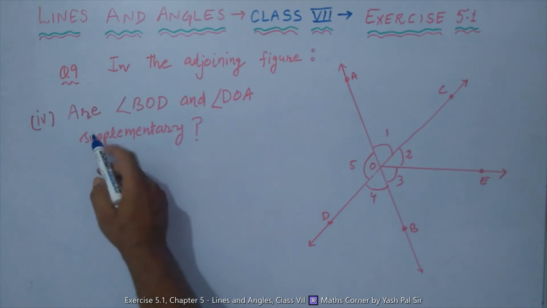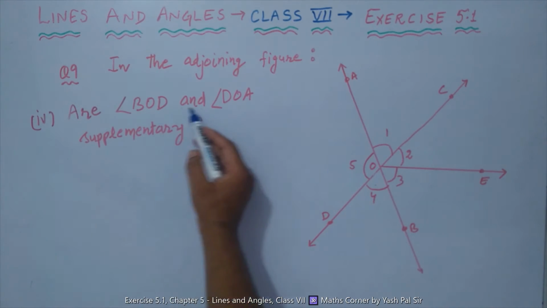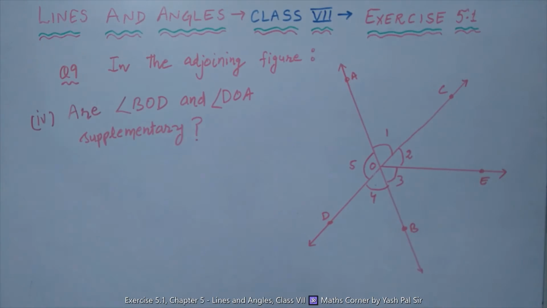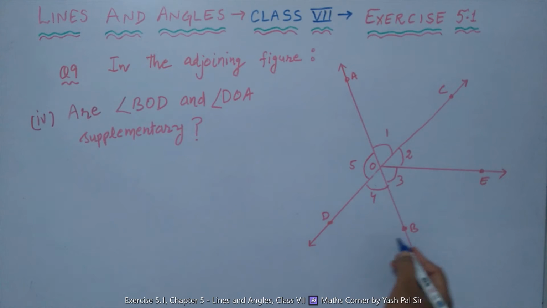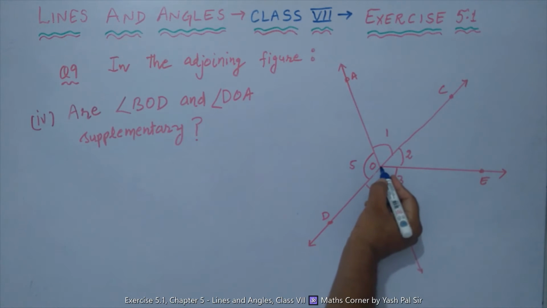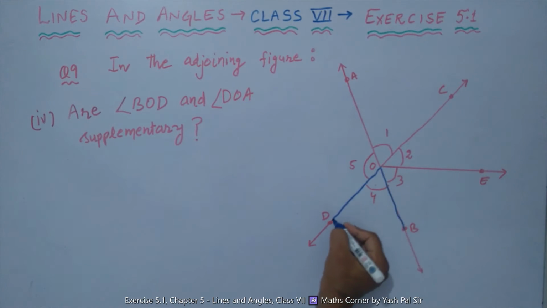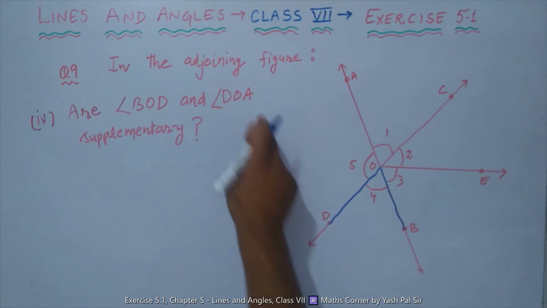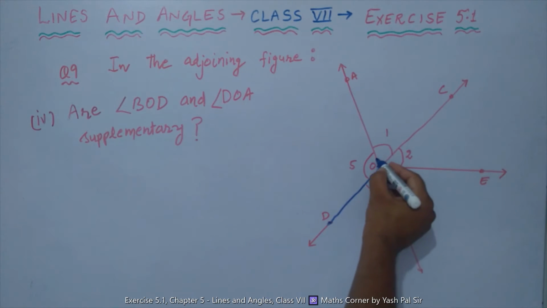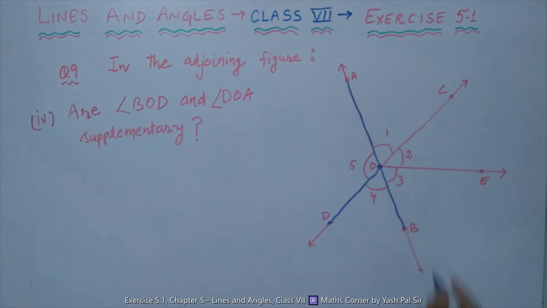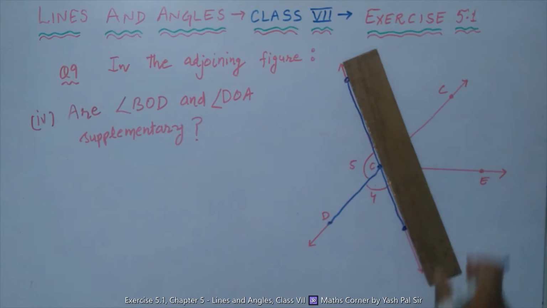Now part number 4: are angle BOD and DOA supplementary? So first of all, let us find what is BOD. B is here, this is BOD, and DOA, right? Now what we see, starting point B, ending point A, and they lie on the same line.